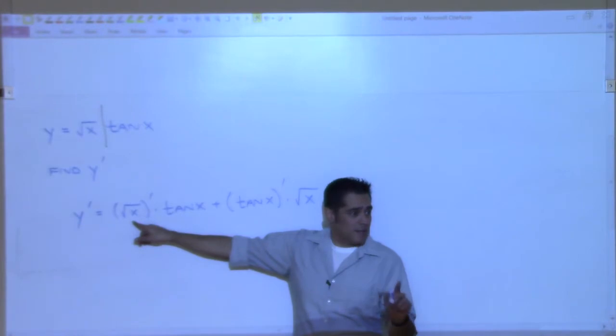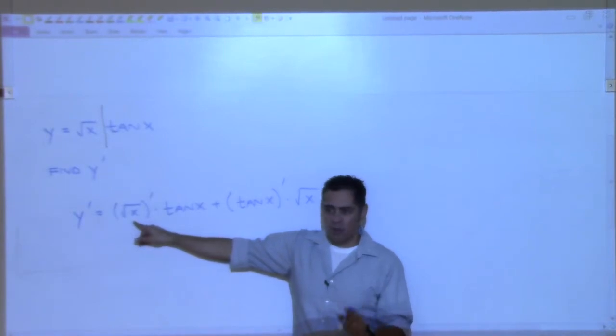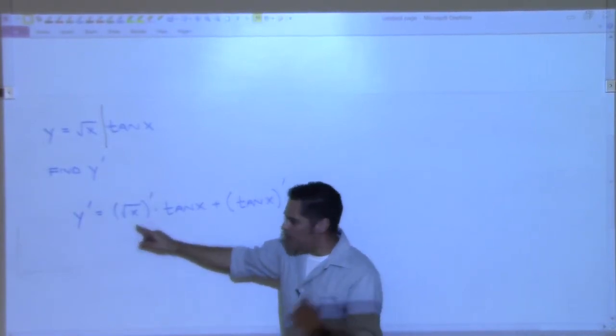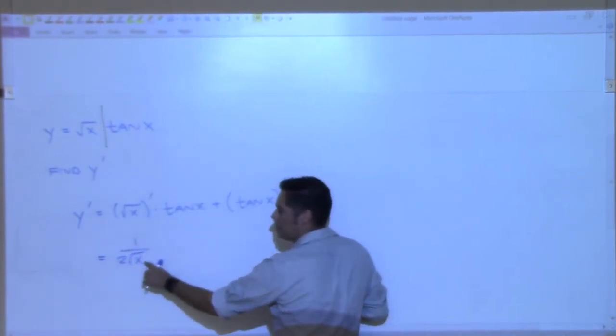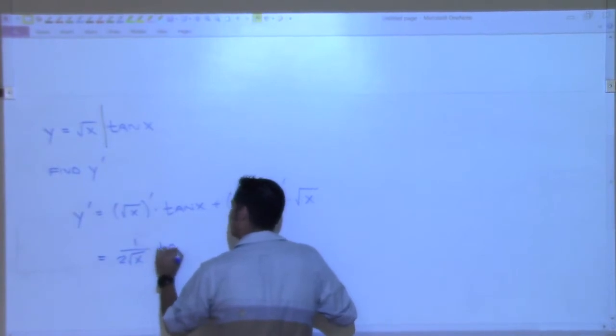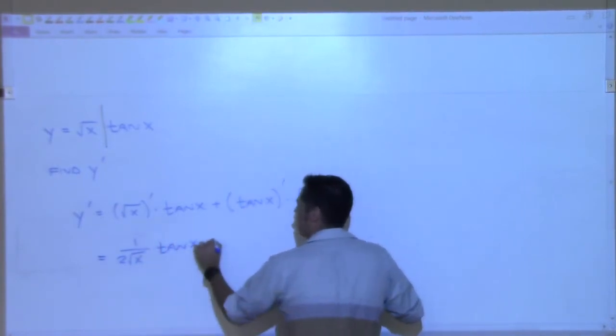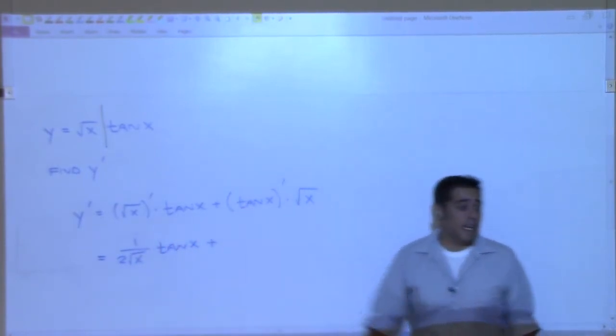Last class I told you I wanted you to memorize it because we are going to use it a lot. And it's 1 over 2 root x. So you go back, refer to your notes from last class. That's the derivative of this, then times tangent x. And then plus, now what's the derivative of tangent x?